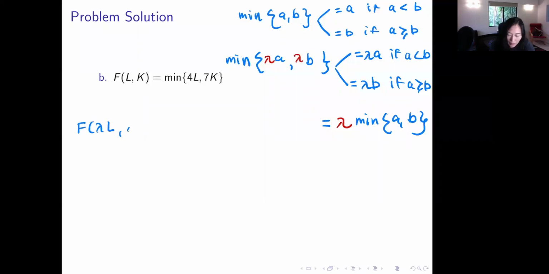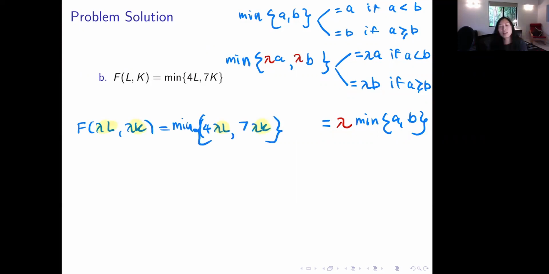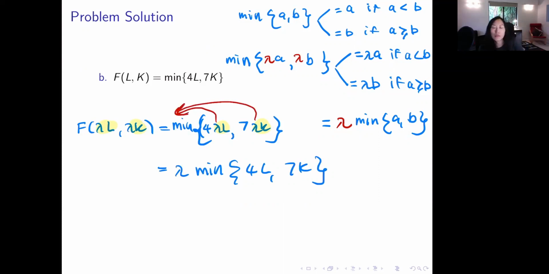So f(lambda L, lambda K) has to be equal to the minimum of 4 times lambda L and 7 times lambda K. So lambda L, lambda K, and I can take lambda out, since it is a common factor for both terms, equal to lambda times the minimum of 4L and 7K.